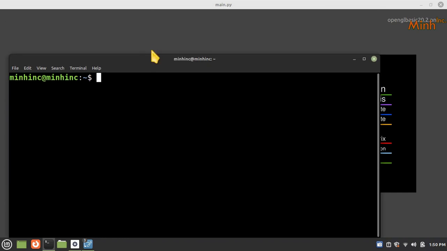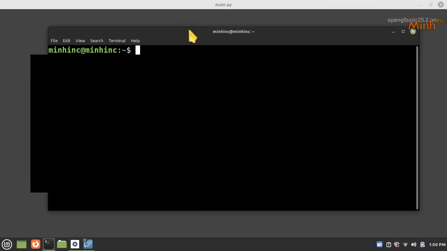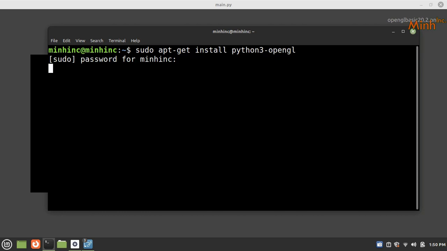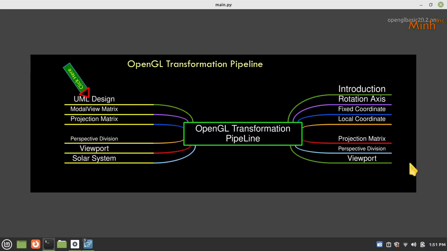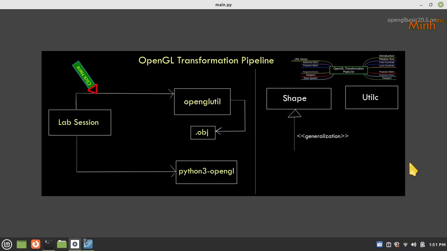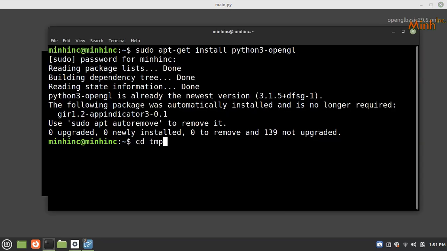Okay, so we'll install OpenGL first. It is already installed. Now we'll create a directory.